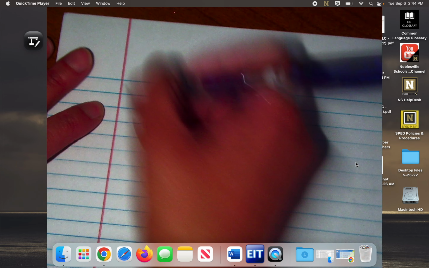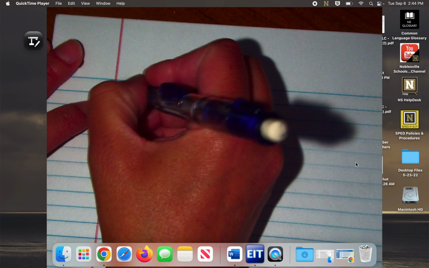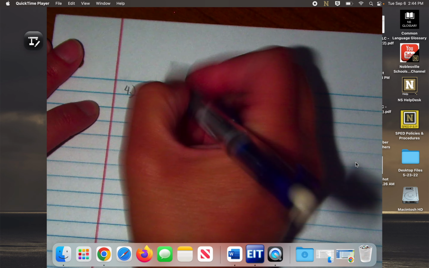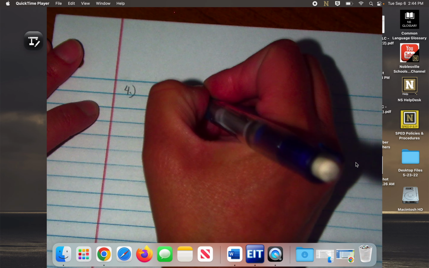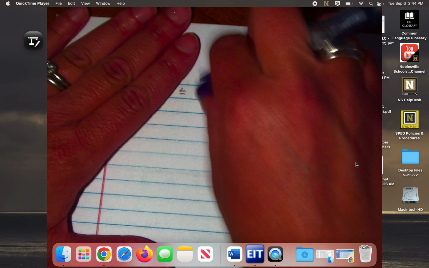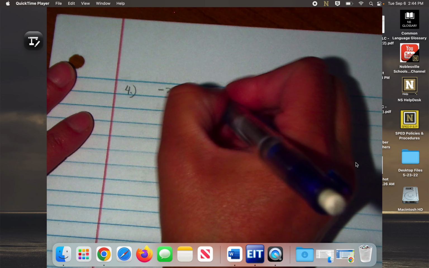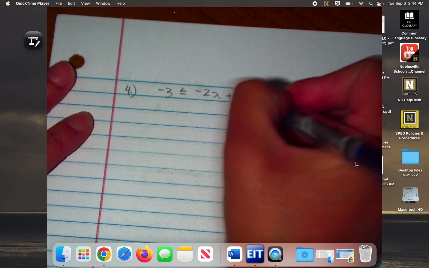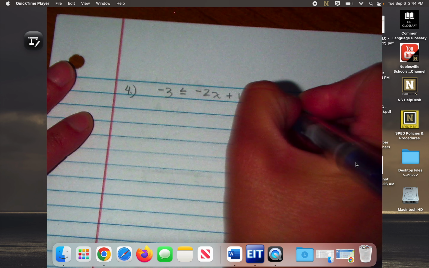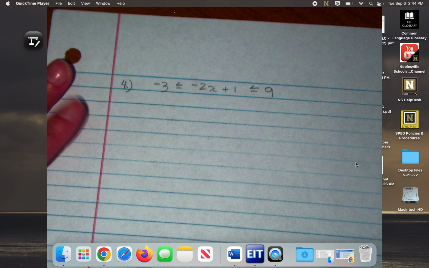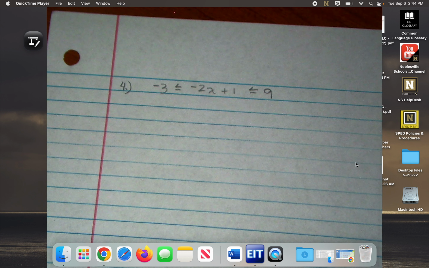Or you can use the back, it's up to you. You can use the back if you want.